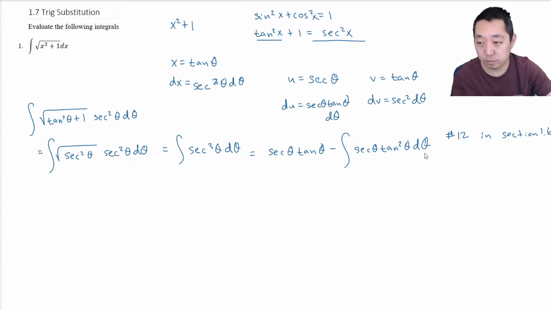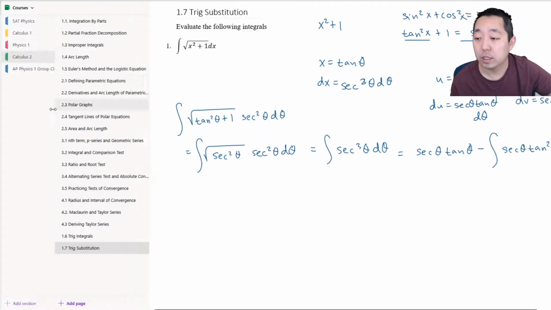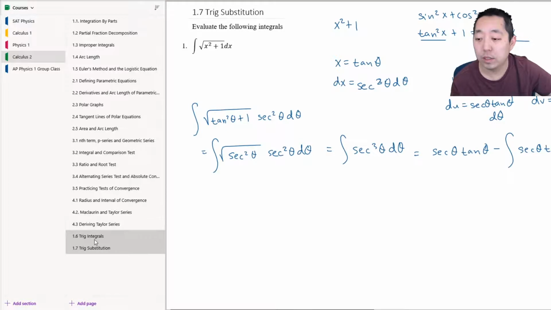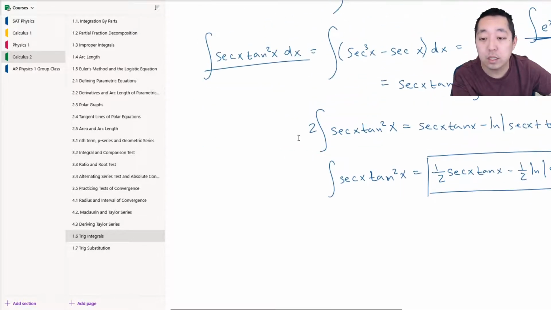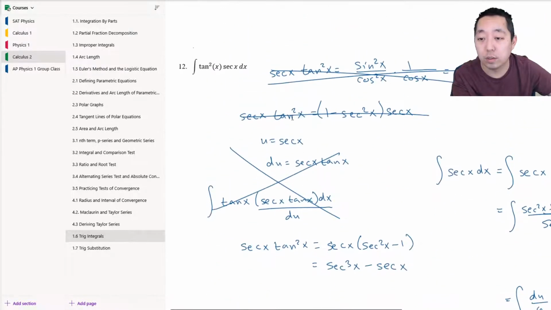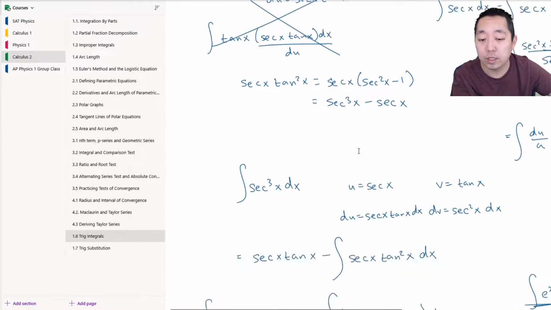It's going to give us a weird answer, so I'm going to look up what we did on that one. When we did this integral back in 1.6, it was tan squared secant x.